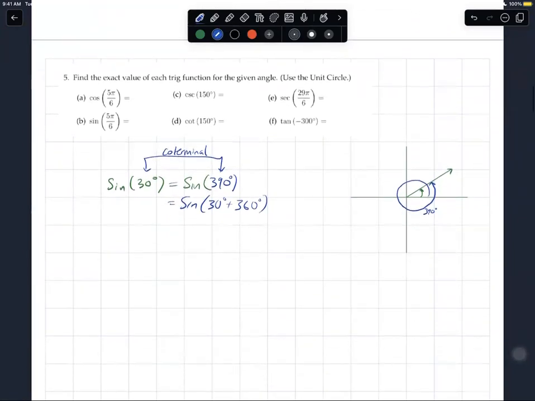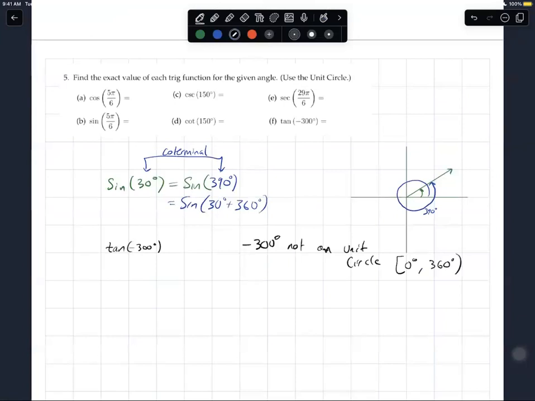And so the tangent of negative 300 degrees. Negative 300 is not on the unit circle, because the unit circle has the values from 0 degrees to 360 degrees.